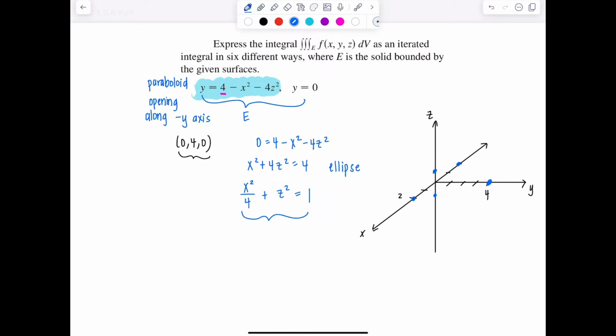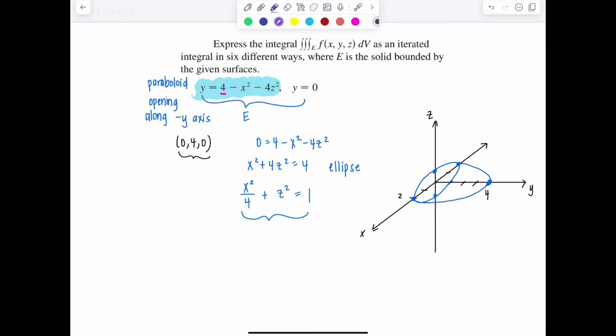All right, so this is the base right here of the paraboloid. This is our ellipse, and then it comes all the way up right here and back down. Some shading can be helpful. This side's a little deformed, so let me round it out.